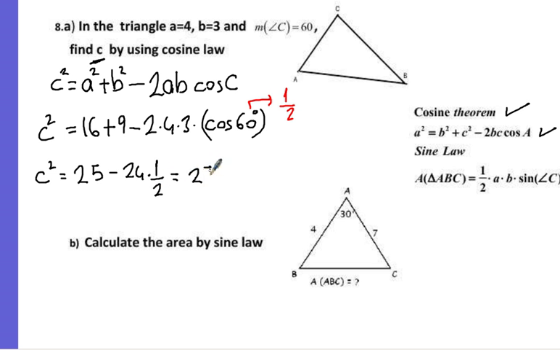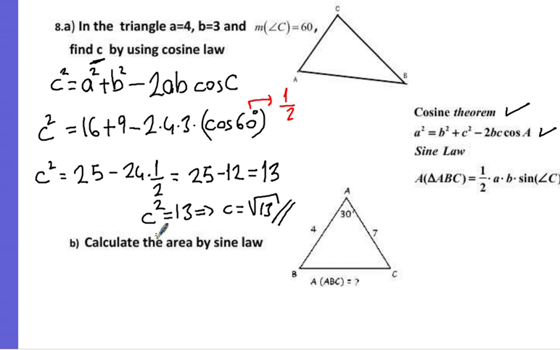We have 25 minus 12, which is 13. But this is C square. If C square is 13, what is C, guys? You are right, it's square root of 13. This is the answer of 8a.